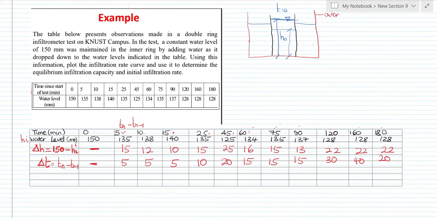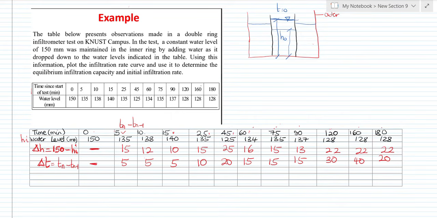So with 40, let me check it. 120 minus 160. I think there is a problem with this question. This is supposed to be 150 at least. Wait, let me check. I think there is a mistake with the question.